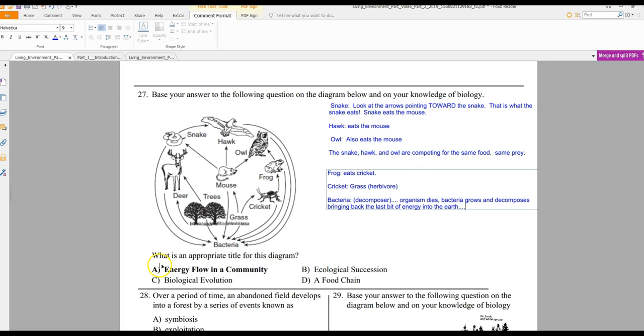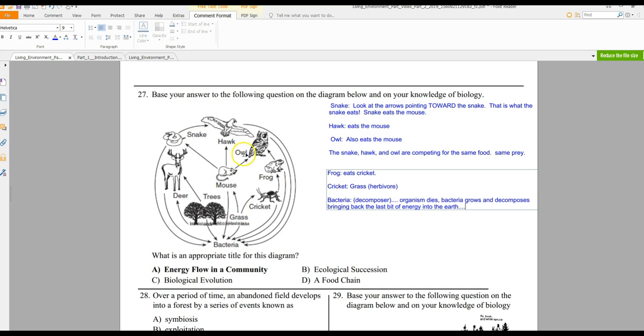Let's answer the question. All of this was for you to understand this diagram, because this food web can be asked a million different ways. What is a hawk? A carnivore. What's a mouse? The mouse eats grass. It's an herbivore.